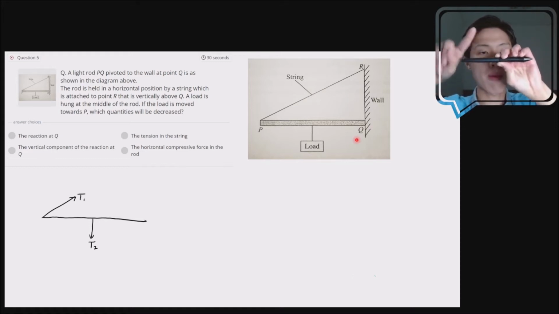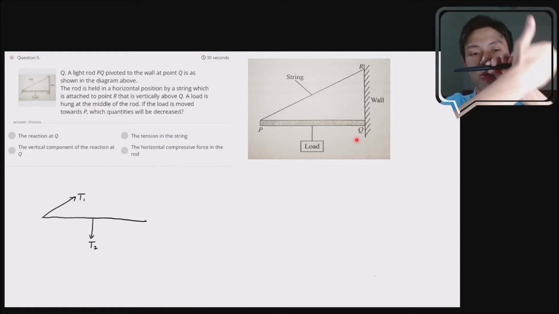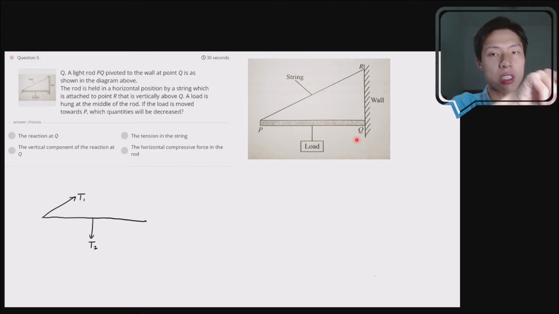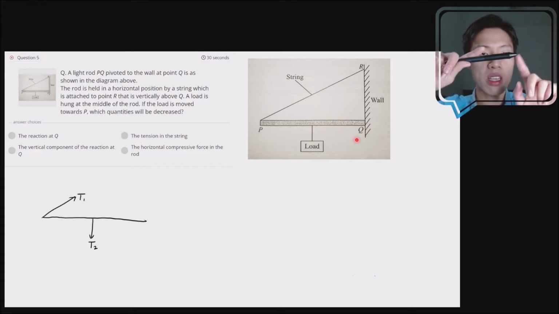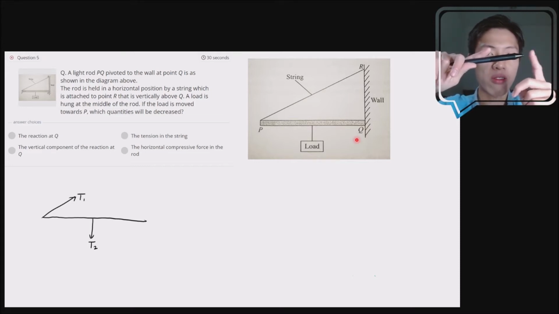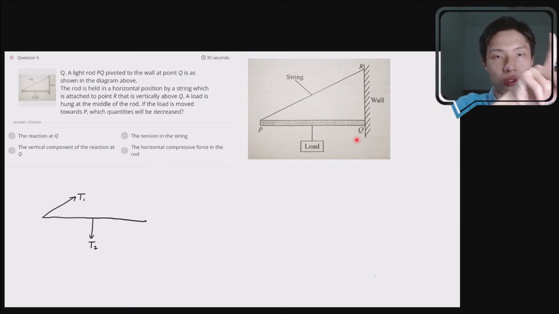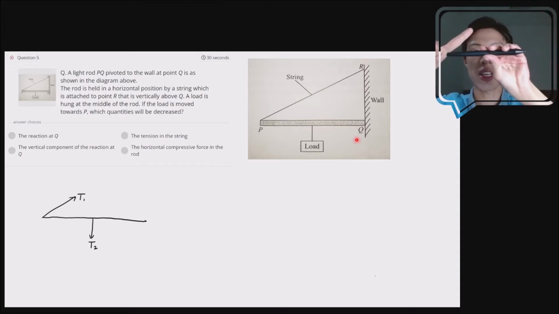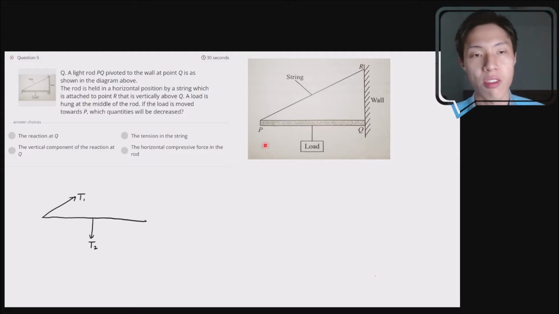At the same time, if it is not held to the wall, the string should be swinging like this. So you should expect this end of the light rod PQ, this point Q over here, to be falling while at the same time moving to the right. Something like this. Okay, falling while moving to the right.